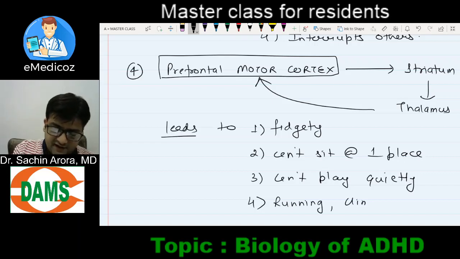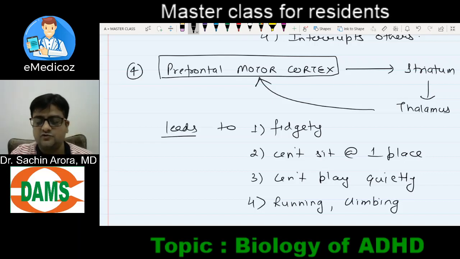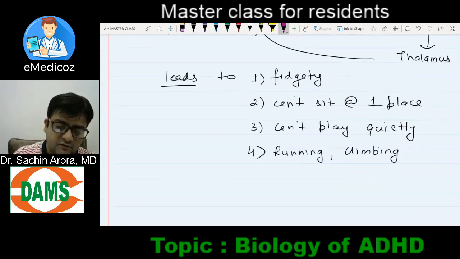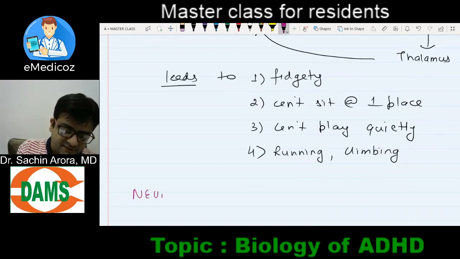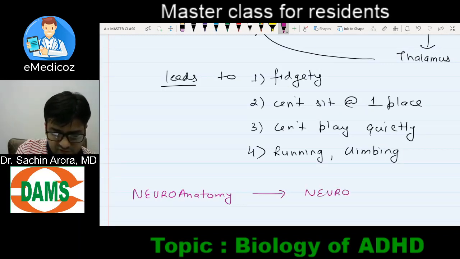So we have linked almost close to 15-20 symptoms to 4 different brain parts. This is the neuroanatomy. Now moving on from neuroanatomy to neurophysiology.